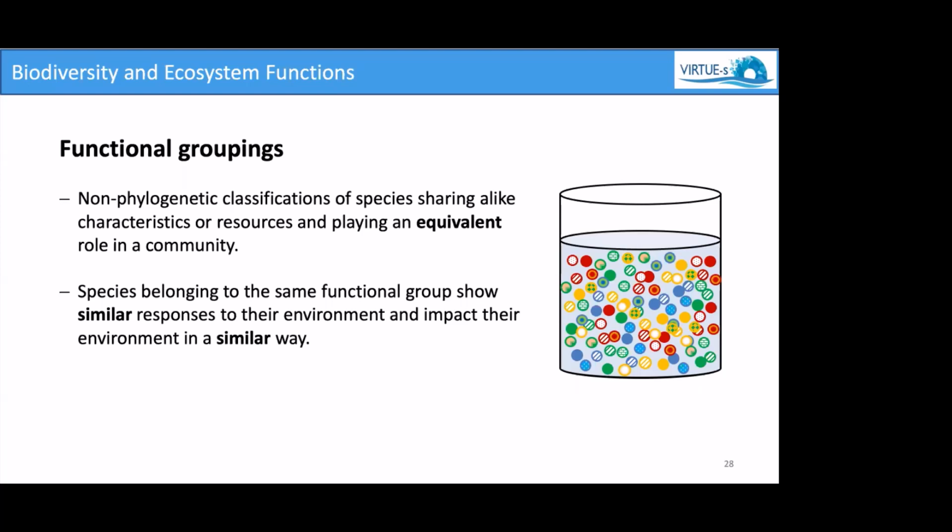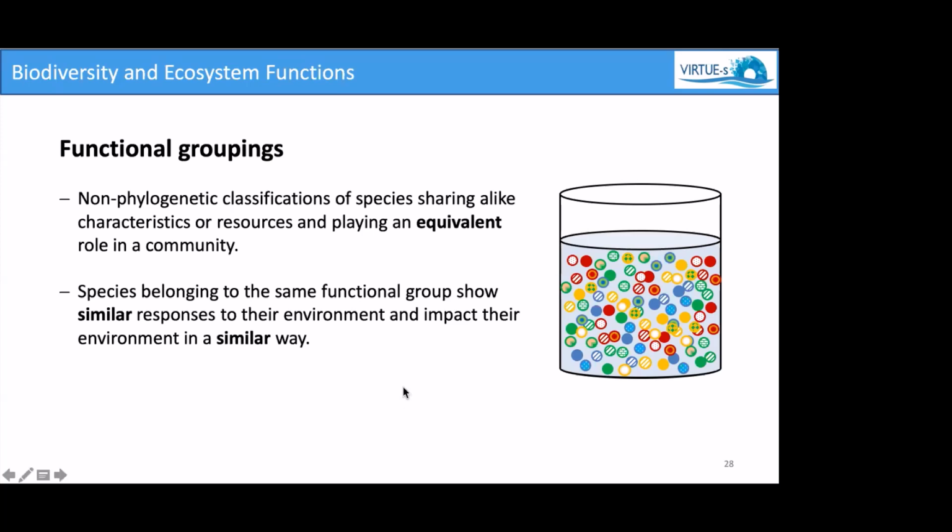So they are in the same group, but depending on their number, or on their photosynthetic efficiency, they will impact their environment differently. So their contribution to the function of primary production will not all be the same. They will be contributing in the same way, okay, but their impact will just be similar to each other.